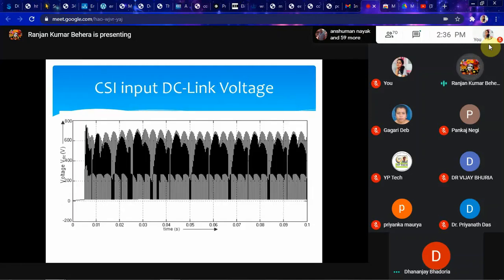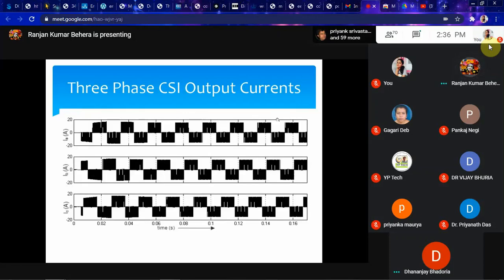Then you see this is the DC voltage, VDC. If you have a voltage source inverter, you will see that the capacitor current will have a wave shape like this. Now, this is the three-phase current source inverter output.